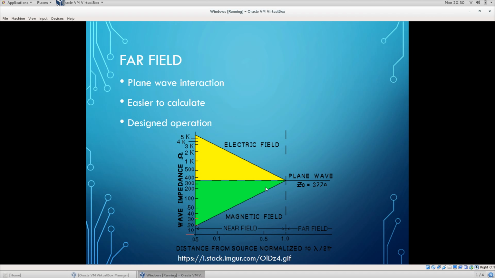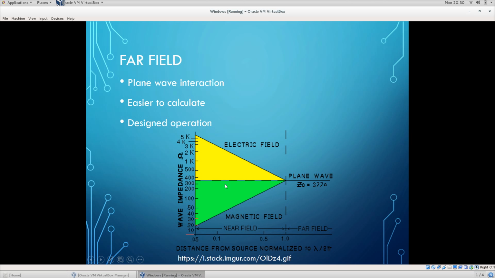Again, far field is where we have plane wave interaction. It's easier to calculate, and it's where antennas are designed to operate. Now, this is another way of viewing how everything works. The intrinsic impedance of free space is approximately 377 ohms. In the near field, your wave impedance is going to be much, much higher.